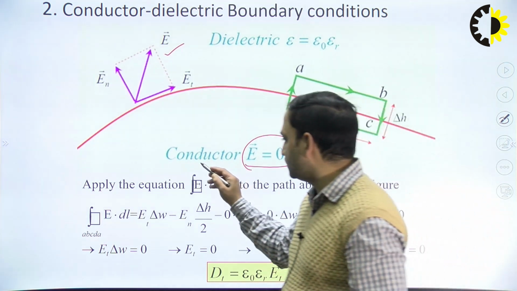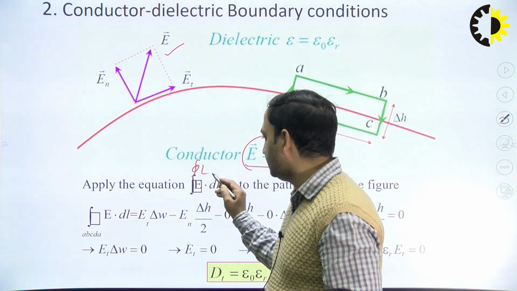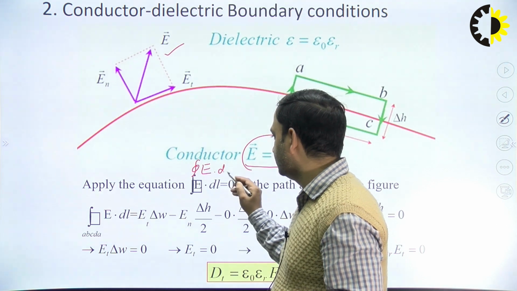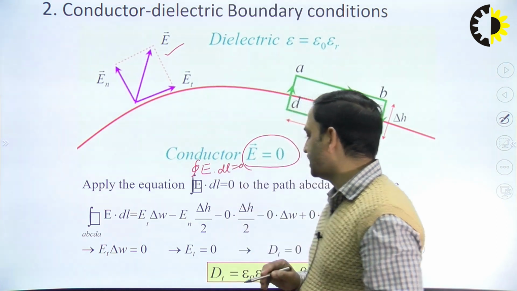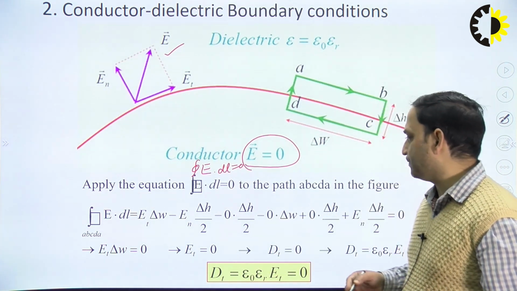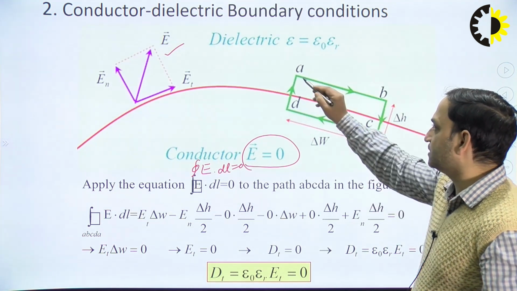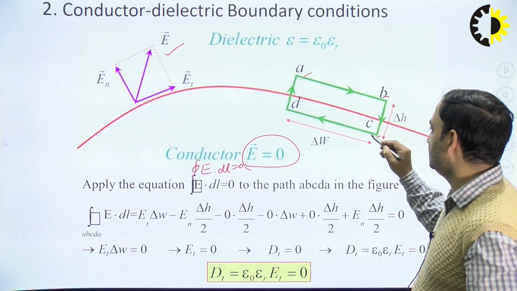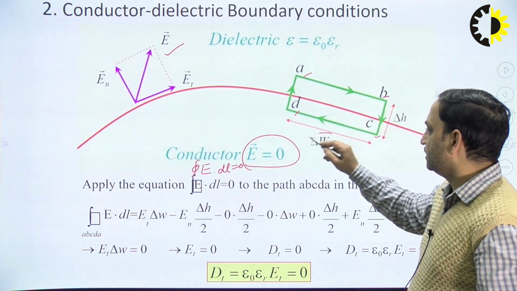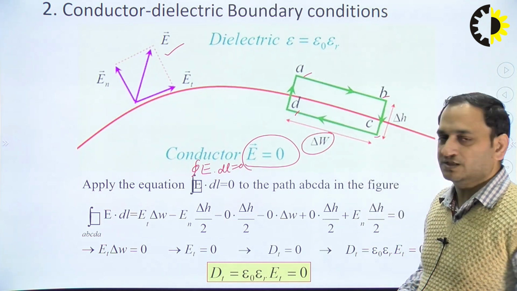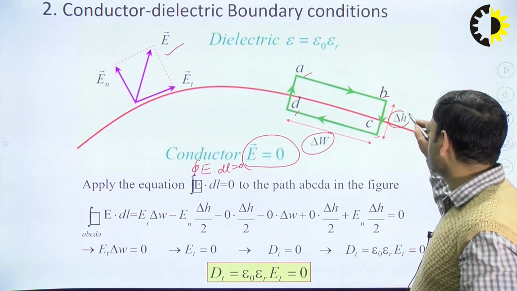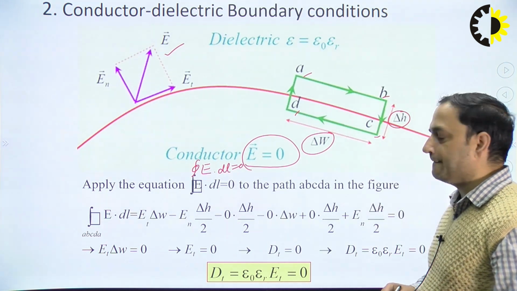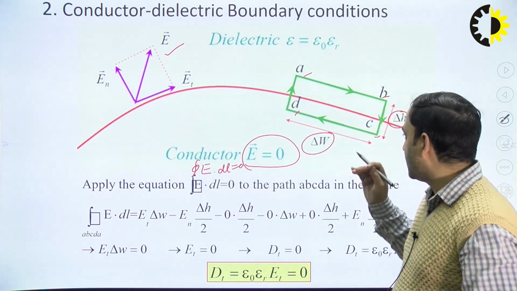So the equation mentioned here is nothing but the closed integral of E dot dl equal to 0. Apply this equation to the path, which is again the same, A, B, C, D, right? Delta W is the width of this path, and delta H is the height of this path.